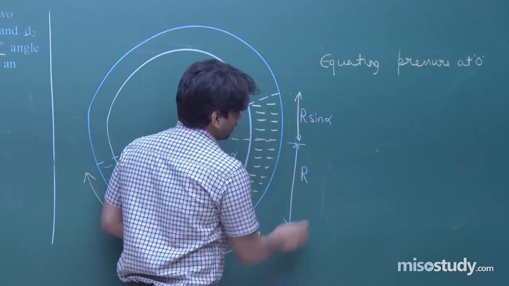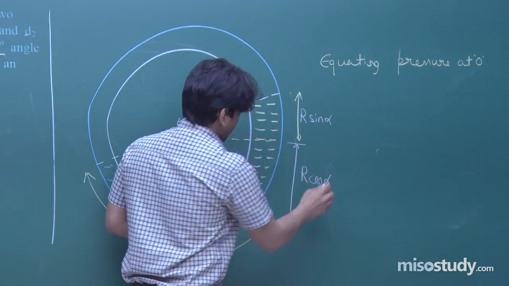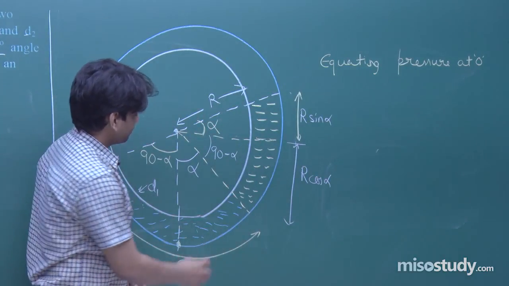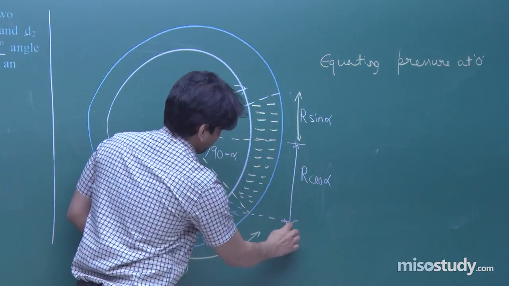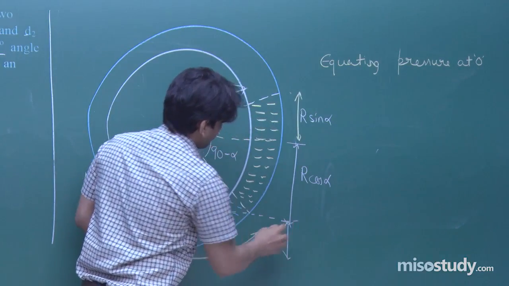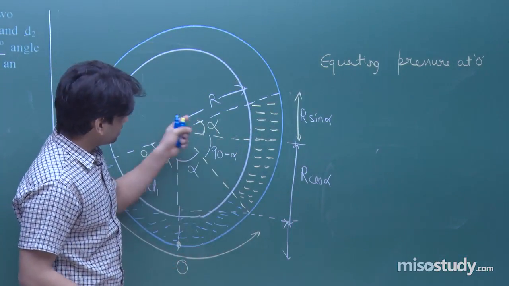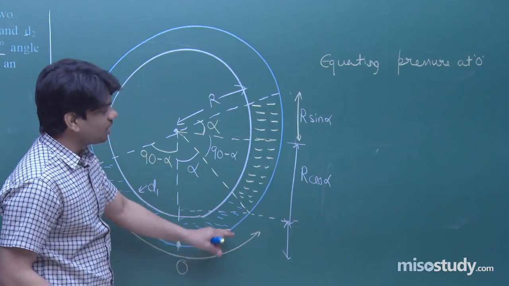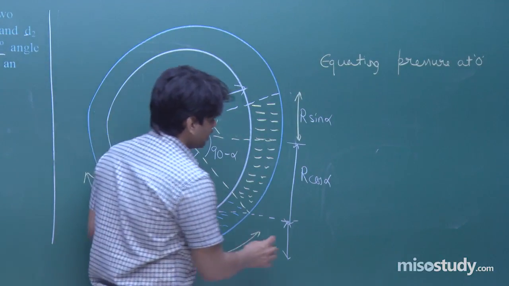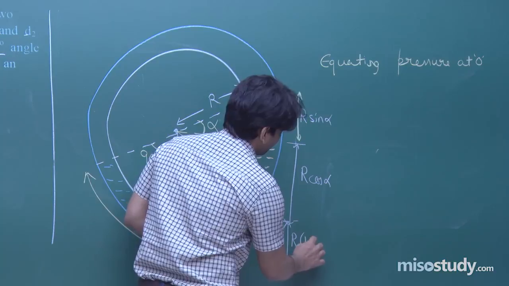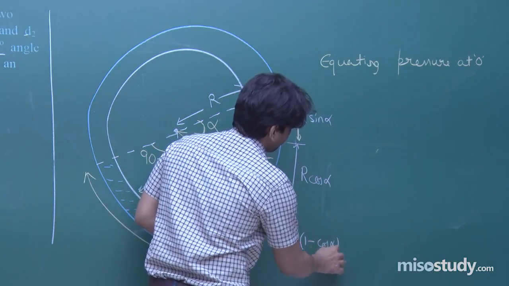Let us write here R cos alpha. Next thing, now talk about this height. See here, this is R cos alpha, this is entire R, so this height will be R minus R cos alpha. This will come out to be R into 1 minus cos alpha.